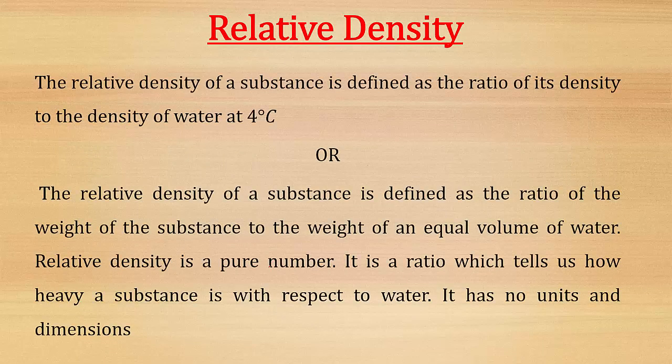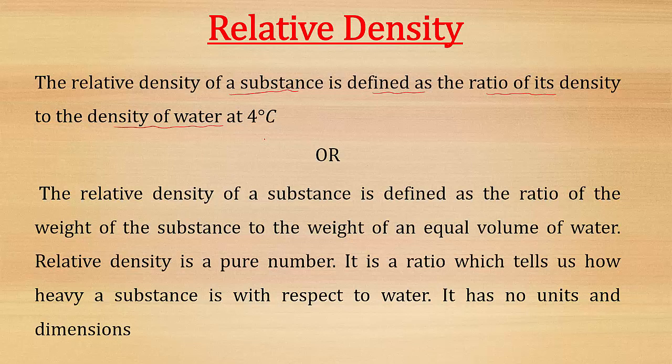Then next term, relative density. Relative density of a substance is defined as the ratio of its density to the density of water at 4 degrees Celsius. Relative density means we are going to compare density of liquid with respect to density of water.